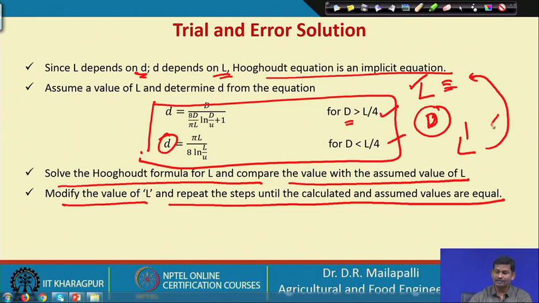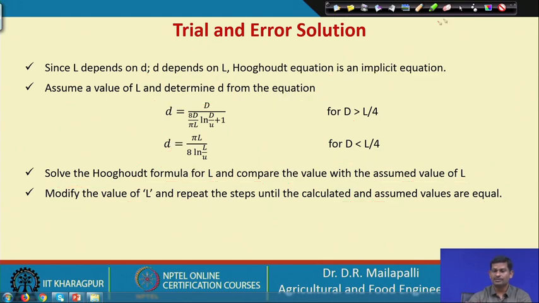If they are not equal, change the initial guess L, repeat the steps, find a new L dash, and compare again. These steps need to be repeated until the two L's are almost equal.